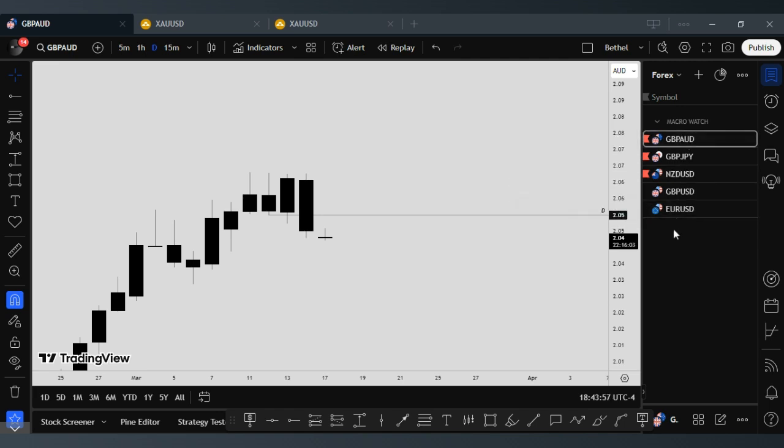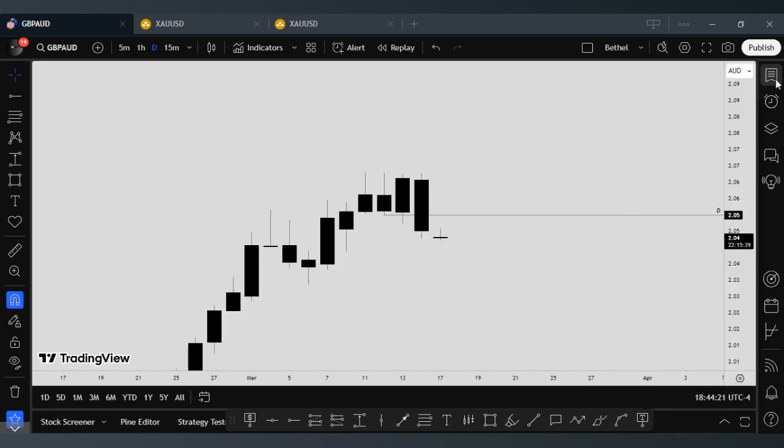My major instruments are actually gold and BTC, but we're going to be doing this with these pairs. Why? Because I want to be looking at a basket of instruments instead of one or two, so I don't have to force any setups for this series. So let's go straight into it.